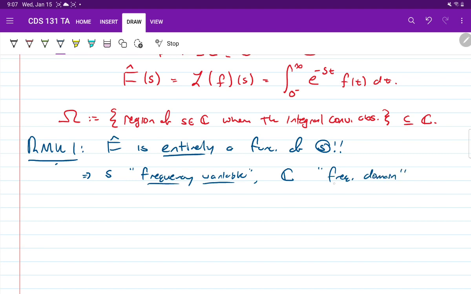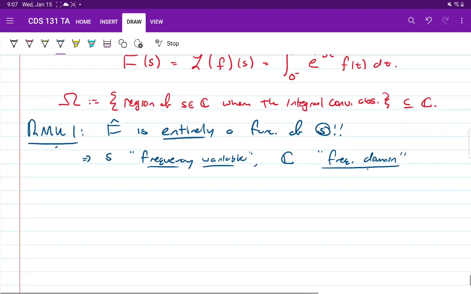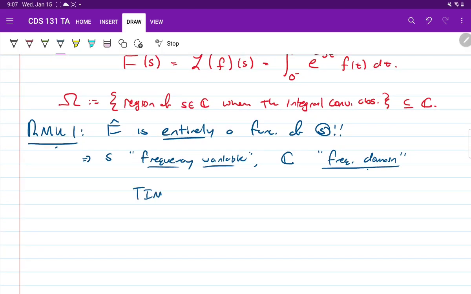So when we take some signal, which is a function on R, and we take its Laplace transform, we say that we're taking that signal from the time domain to the frequency domain. So time domain, we apply our Laplace transform, where we land up is the frequency domain.